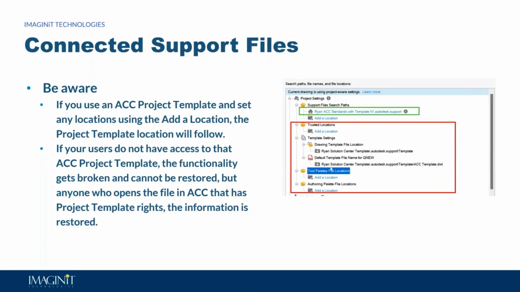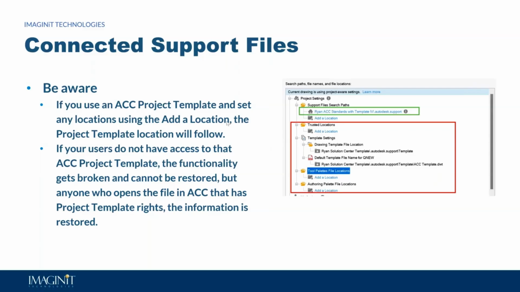If you have a user that does not have access to that template that you used to set up your project, the functionality is going to be disabled and they will not be able to change any of those settings, and it will follow. So those are the two real big pitfalls of going connected projects and using a project template for setup. I just wanted you to be aware of those.